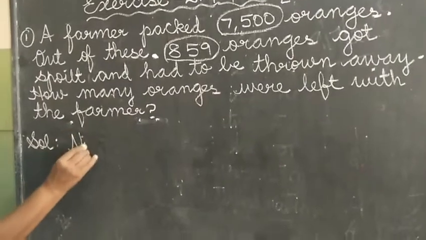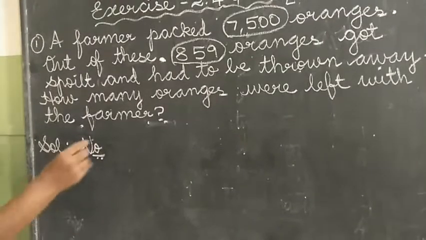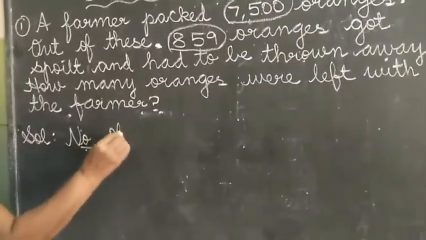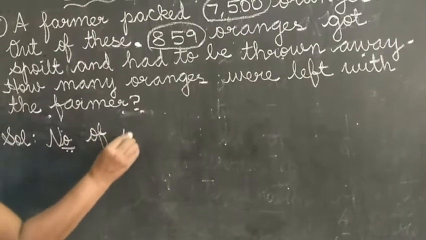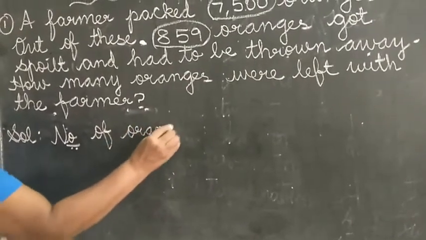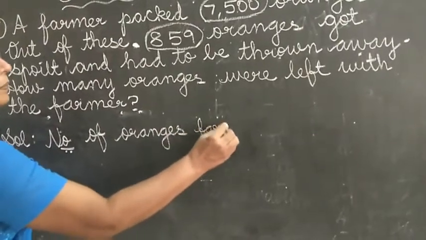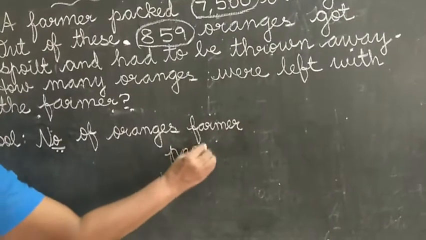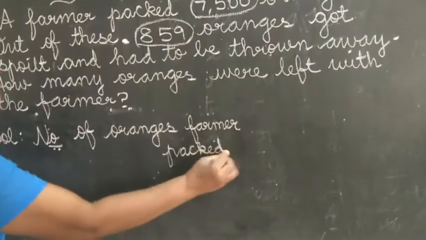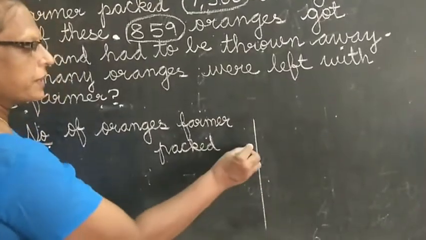For number, you can put a short form like this. Number of oranges farmer packed, how many children? See, a straight line should be there so that it will be very easy for you.